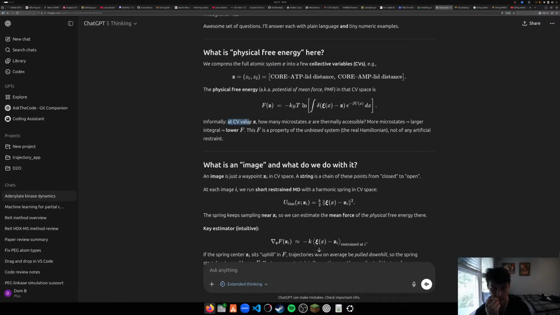And formally, at CV value Z, many microstates X are thermally accessible. How many microstates? More microstates equals larger integral, lower F. This F is a property of the unbiased system, the real Hamiltonian, not any artifact of restraints.